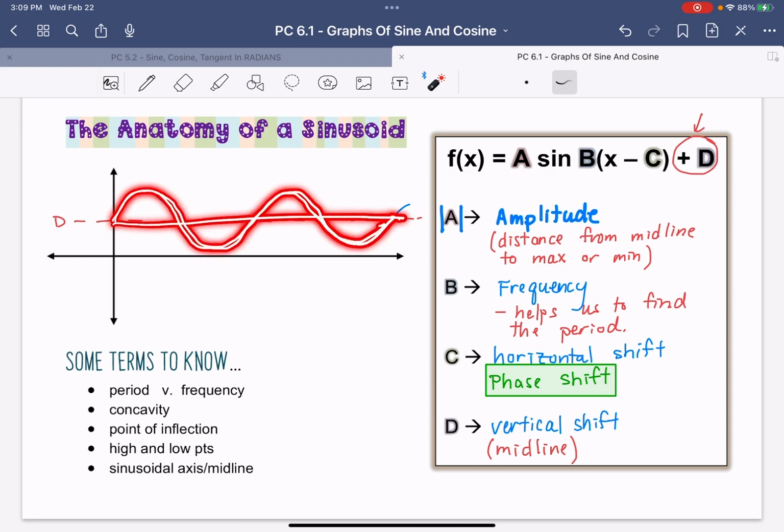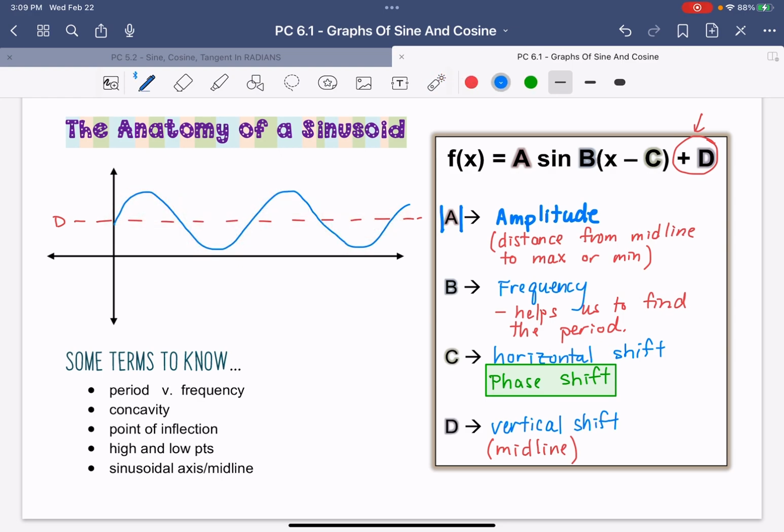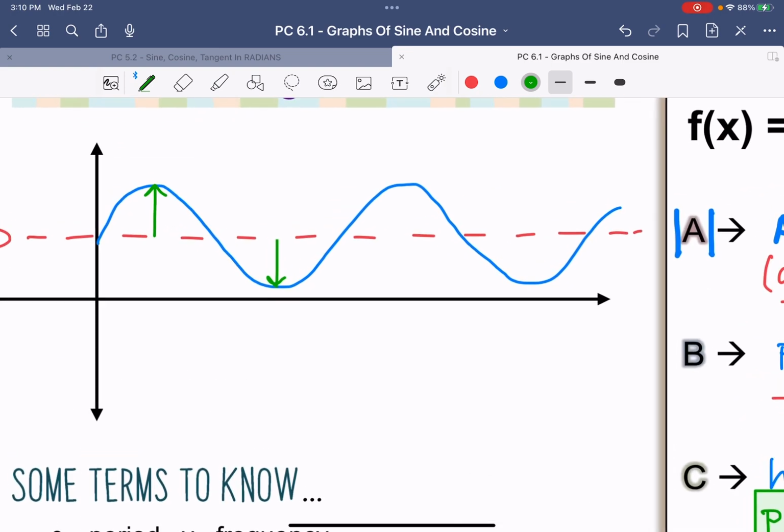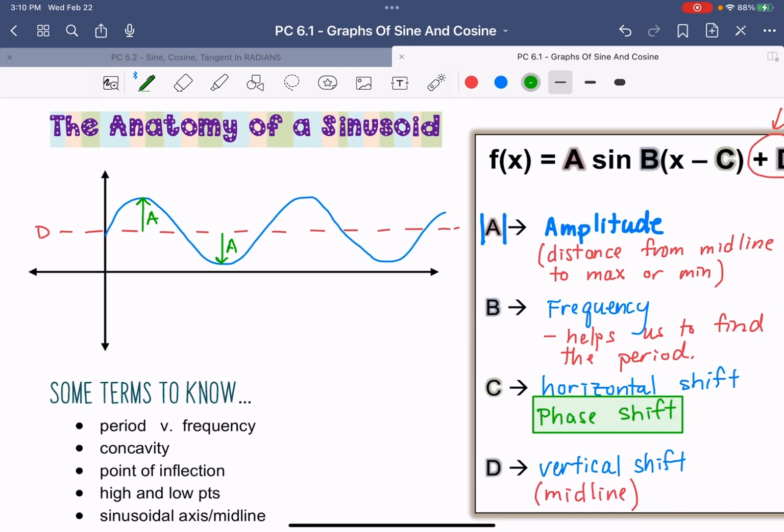So it's that middle line. Now, just to visualize what the amplitude is, this distance from the midline to the top peak or from the midline to the bottom peak has to be the same. So that's your A. Okay, and we'll talk about the rest of these, kind of just putting together some graphs on the back.